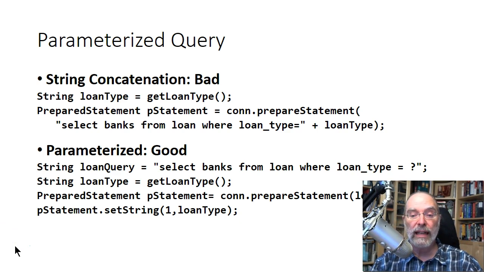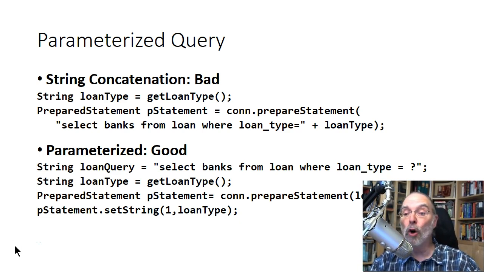In the string concatenation bad example, we see an example of creating an SQL query in a string by concatenating a value into the string itself. So we see select banks from loan where loan type equals, and then we concatenate loan type, which we can imagine represents a field in a form or possibly a value from a database.